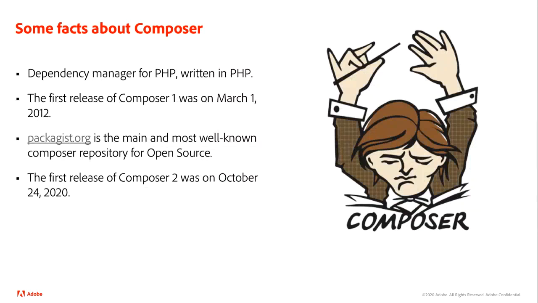Composer 1 was initially created about 9 years ago, and just a few months ago, the next major version, Composer 2, was released. It was on October 24, 2020. And at that date, our journey began.